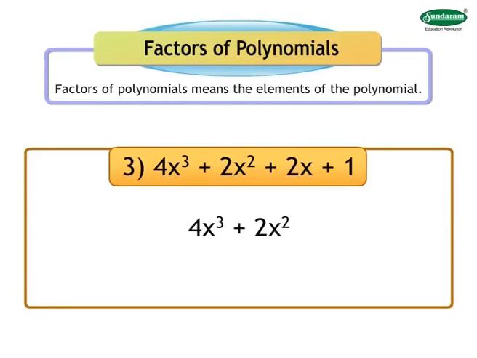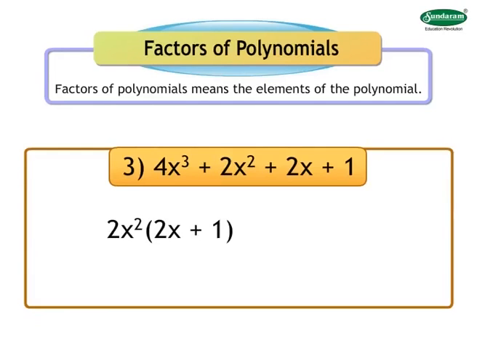For the first two terms, 2x square is common in both. Hence, taking 2x square as common, we will write the uncommon factor. 2x square open bracket 2x, because 2x multiplied by 2x square gives us 4x cubed, plus 1 because 2x square multiplied by 1 gives us 2x square close bracket.